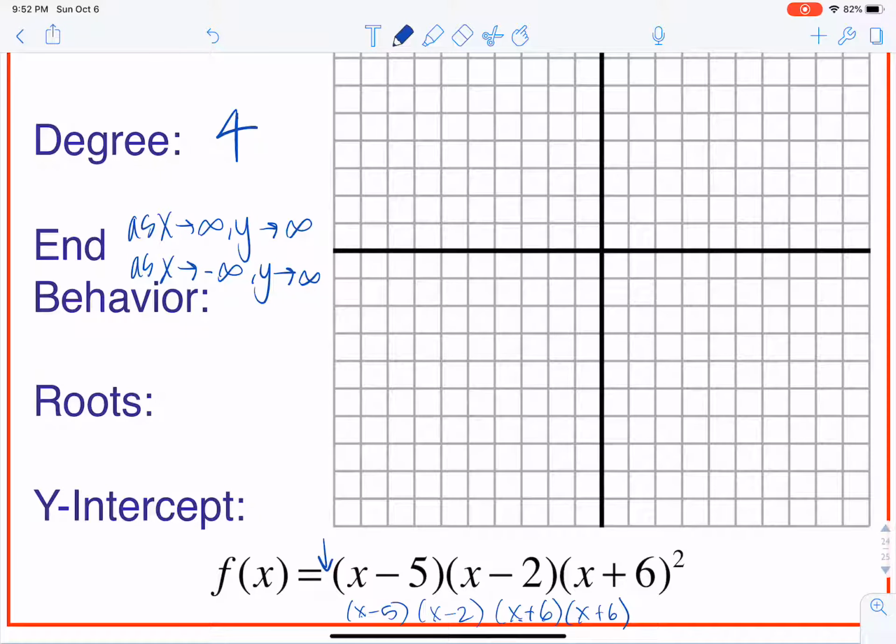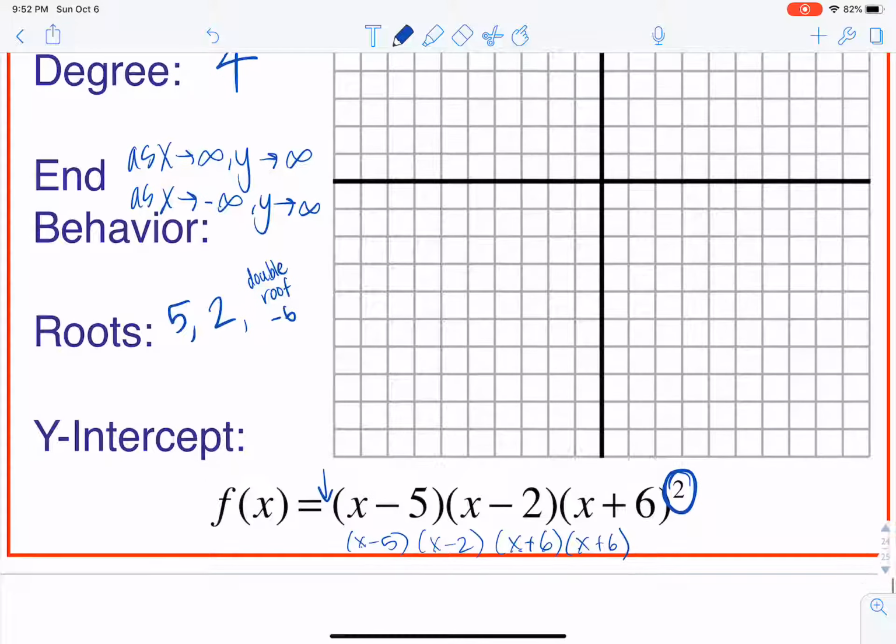My roots will be at positive 5, positive 2, and I'll have what we can call a double root at negative 6. Because this is squared, this really means that I have a root of x plus 6 twice. As I'm sketching this in, we'll go to my y-intercept, which will be the last piece.